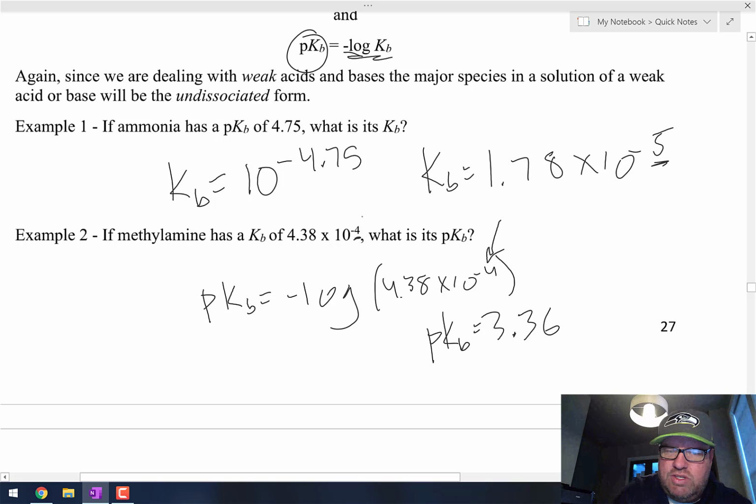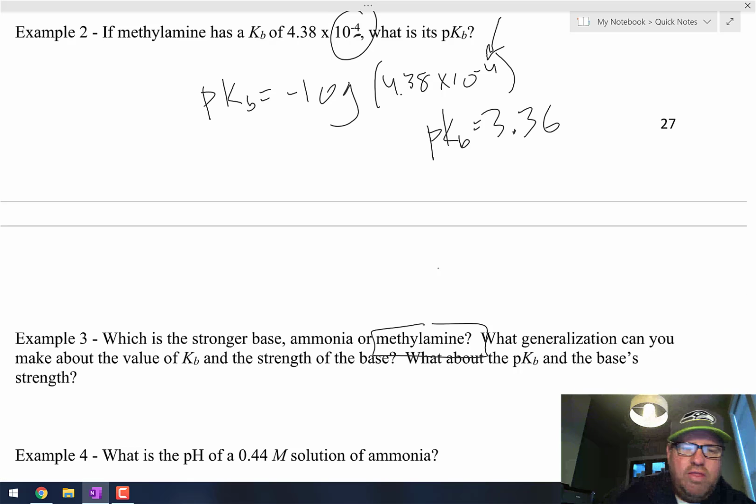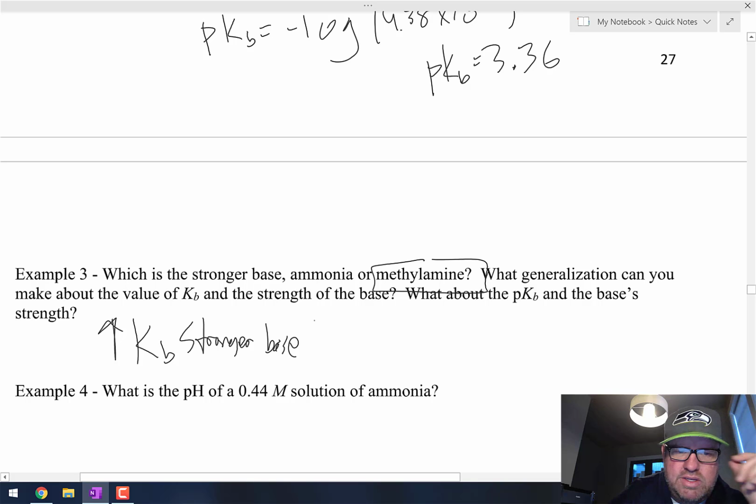So since this one's only to the negative fourth, methylamine is the stronger of the two bases. Okay, what generalization can you make about the value of the Kb and the strength of the base? Again, just like Ka, the greater the Kb, the stronger the base.